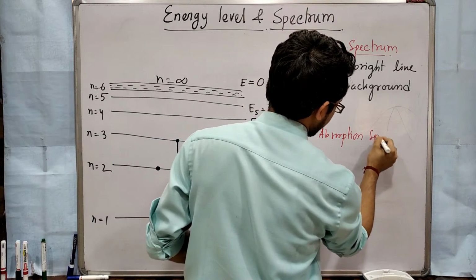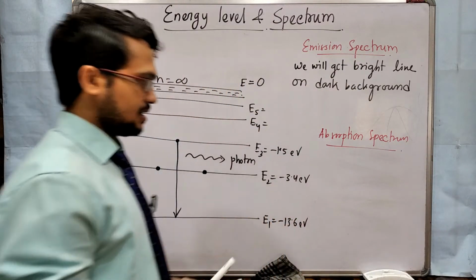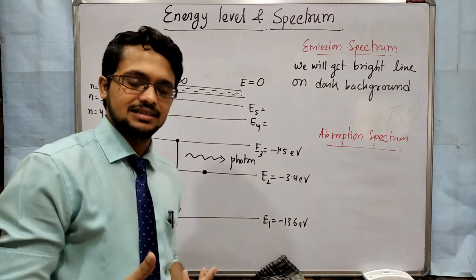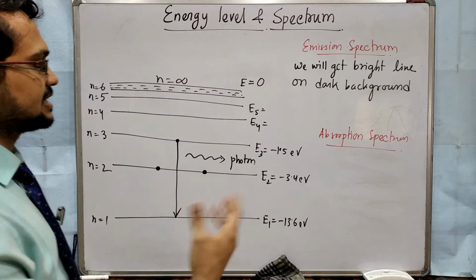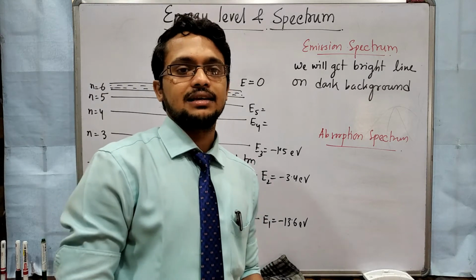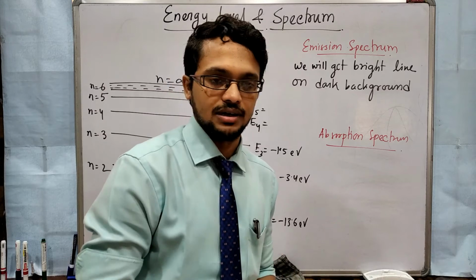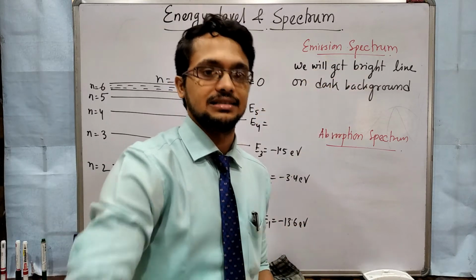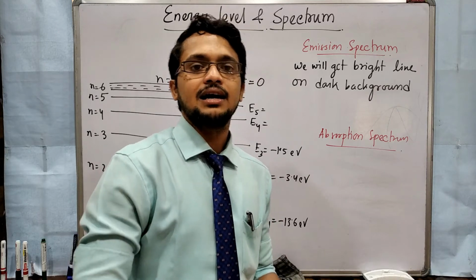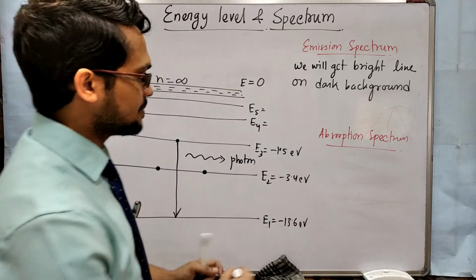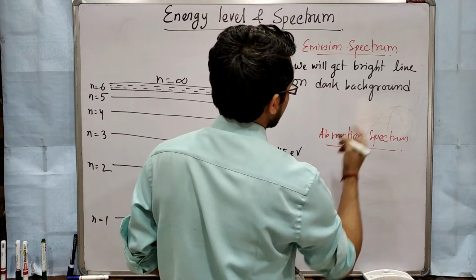Absorption spectrum. Here, if light energy or any radiation is incident on the atom, suppose a particular wavelength is absorbed by an electron and that electron goes to a higher energy state. That particular wavelength will not reach the output device. That means in the absorption spectrum we will get a dark line on a bright background.